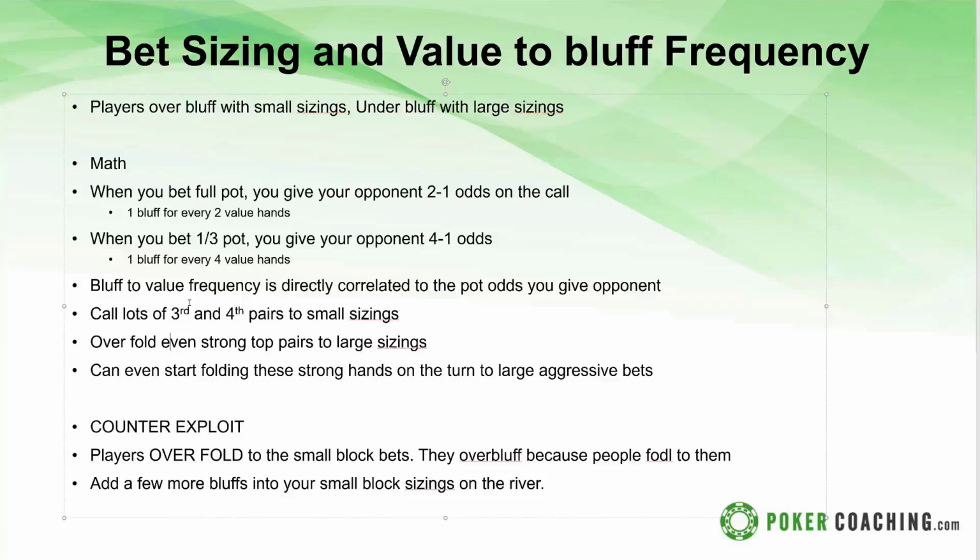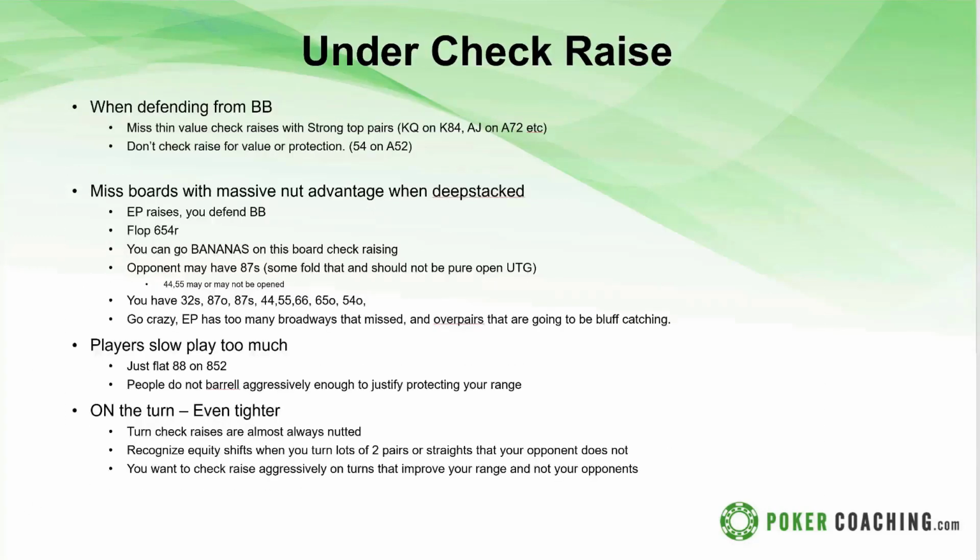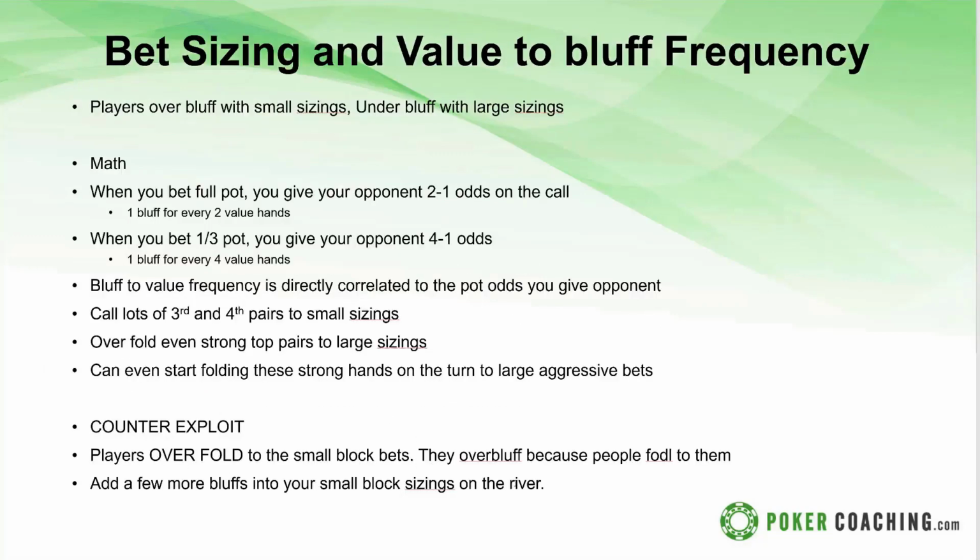And so I definitely personally overbluff against population using these small block sizings on the river, like one-third and quarter pot bets, because people tend to just vastly overfold to them because they think it's like a value bet, basically, in my experience of playing. So I tend to overbluff and give myself really, really good odds on my bluffs on the small sizings, and then definitely be overfolding to polar large sizings on the river.